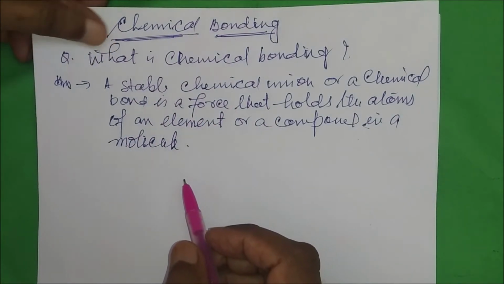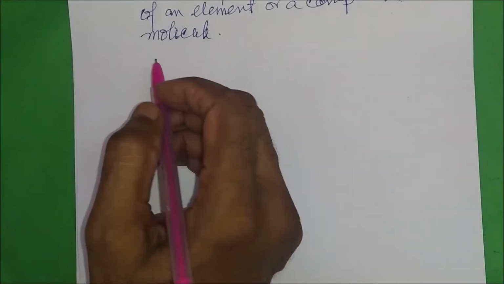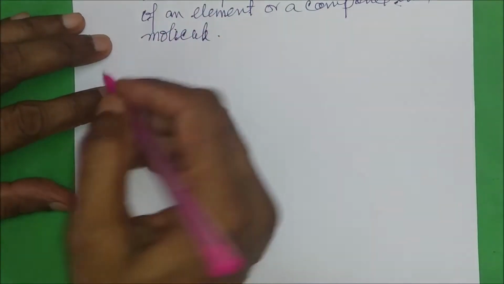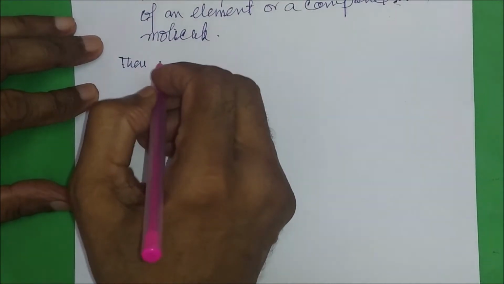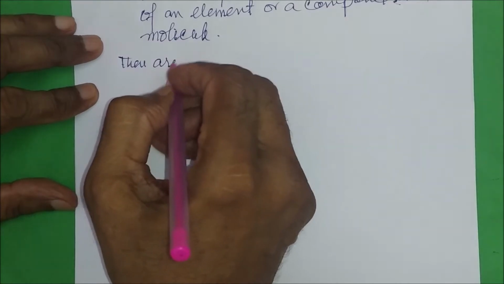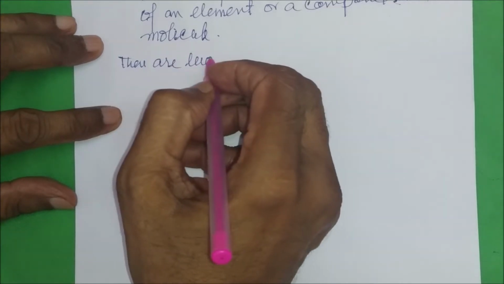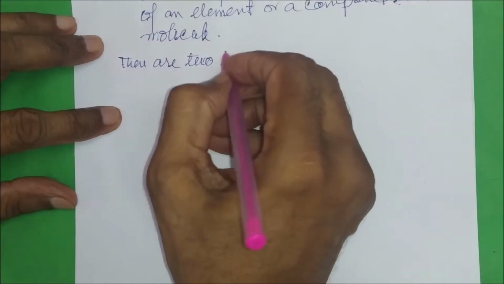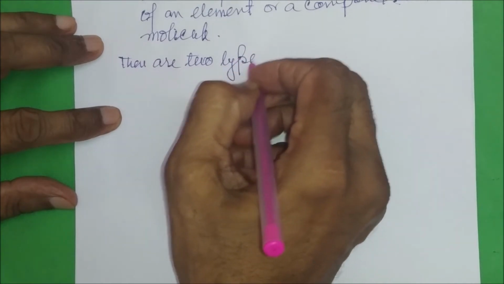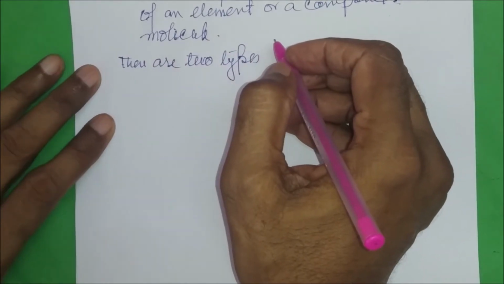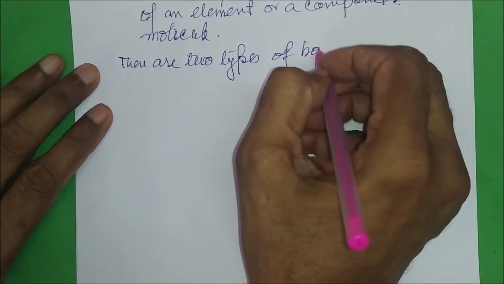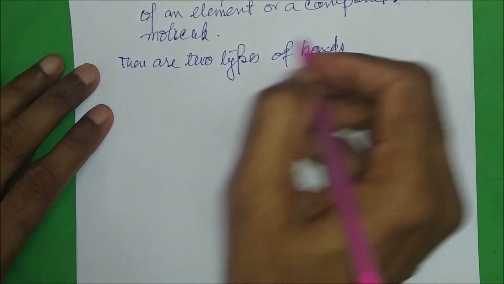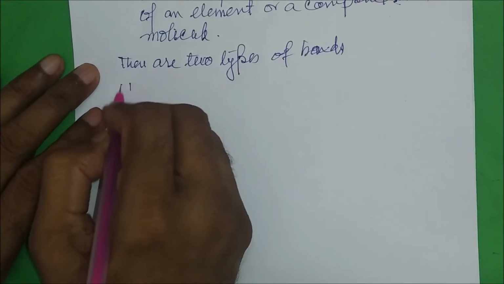And now, how many types of chemical bonding are there? There are two types of bonds. What are the two types of bond?